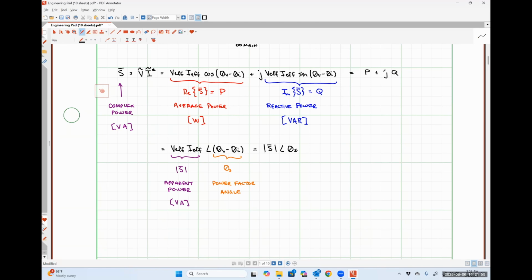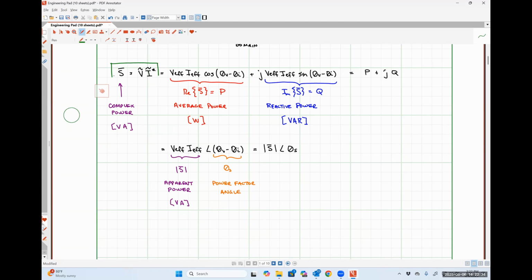So I've given you my basic mathematical relationship, V times I conjugate. Then I gave you an equation for average power, reactive power, apparent power, and power factor angle. So it seems like I've just hit you with 5 different equations, and I totally have, but realistically, we don't have to remember any of them except this one.